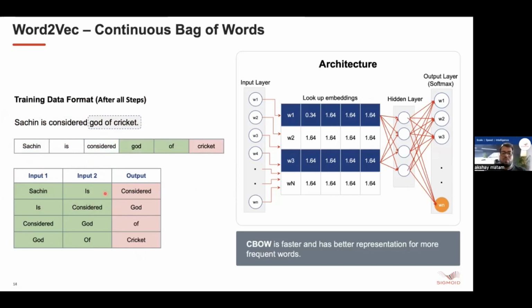While training the model, we'll pass these inputs to the input layer and outputs are predicted by the model. While learning how to predict the output keyword, the embeddings which were initiated randomly will get updated based on the backpropagation technique in neural networks. This is how we are going to update the embeddings for each of the keywords.